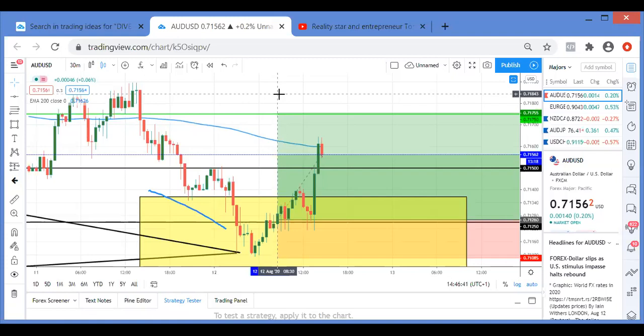If you're doing FTMO, you have to make 10% a month. If your target is 3% per week, after 4 weeks how much do you make? 12%. So challenge passed, in 4 weeks.